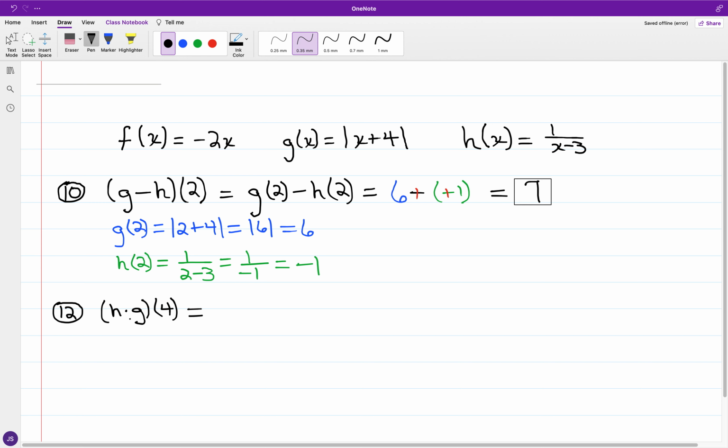Writing this product function as a product of functions, we're going to have h of 4 times g of 4, and we can go ahead and evaluate h of 4 as well as g of 4. For h of 4, this is going to be 1 over 4 minus 3. Four minus 3 is 1, and 1 over 1 is equal to 1.